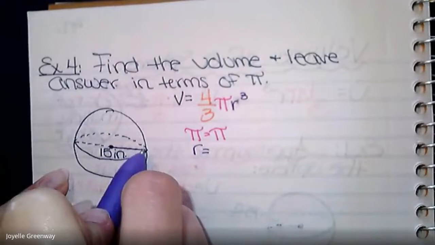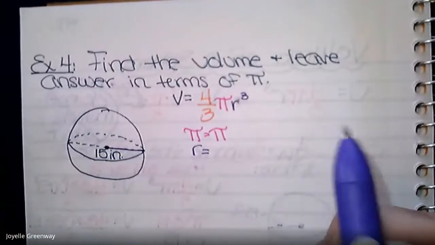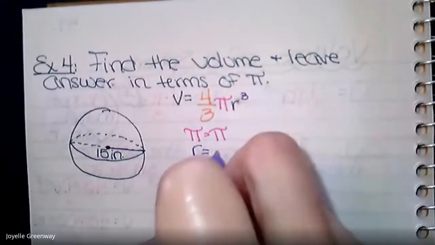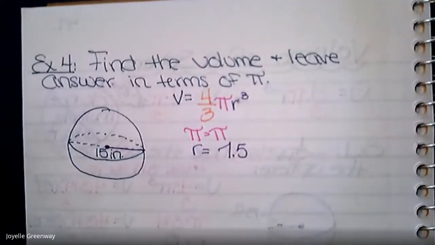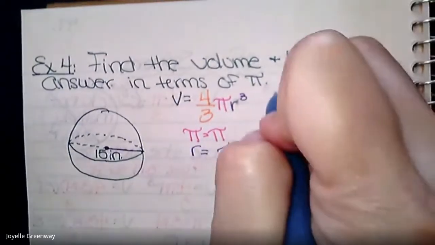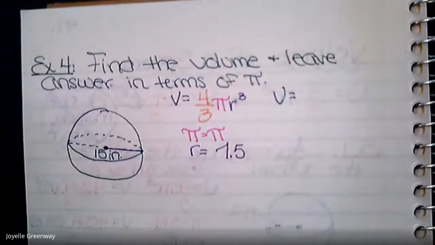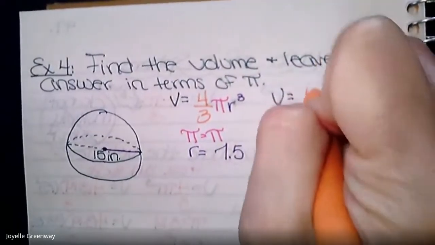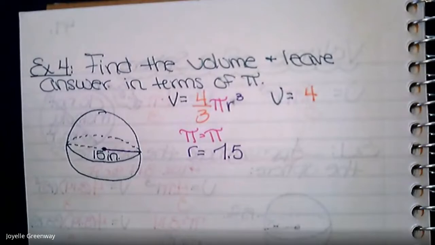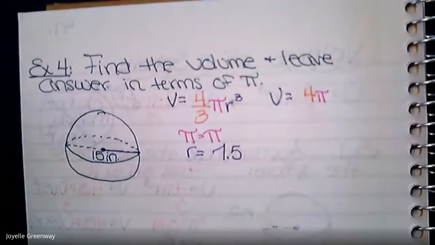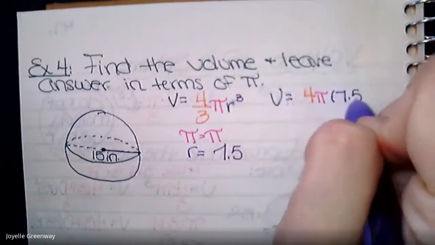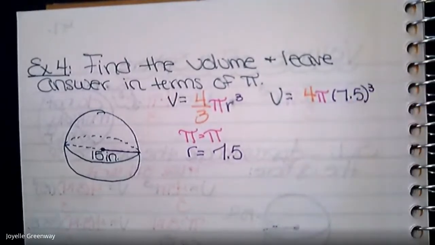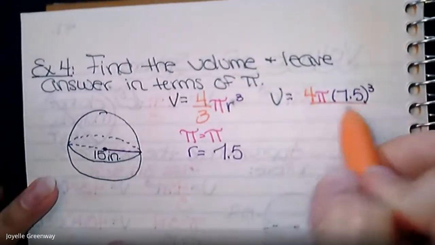So you want half of that diameter. So half of 15 is 7.5. Okay? So our volume is equal to 4 times pi times 7.5 cubed divided by 3.